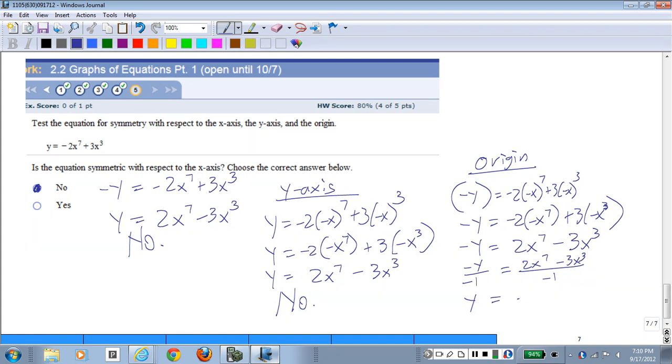So y equals negative 2x to the 7th plus 3x cubed. And now, this is identical to the original, so this has origin symmetry. That's a yes to origin symmetry. So we would say it has origin symmetry only. It has origin symmetry but does not have either of the other two types.